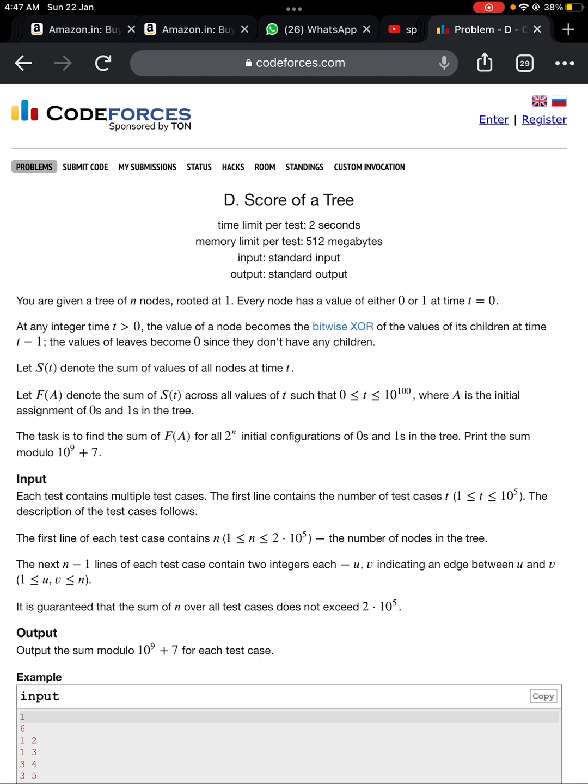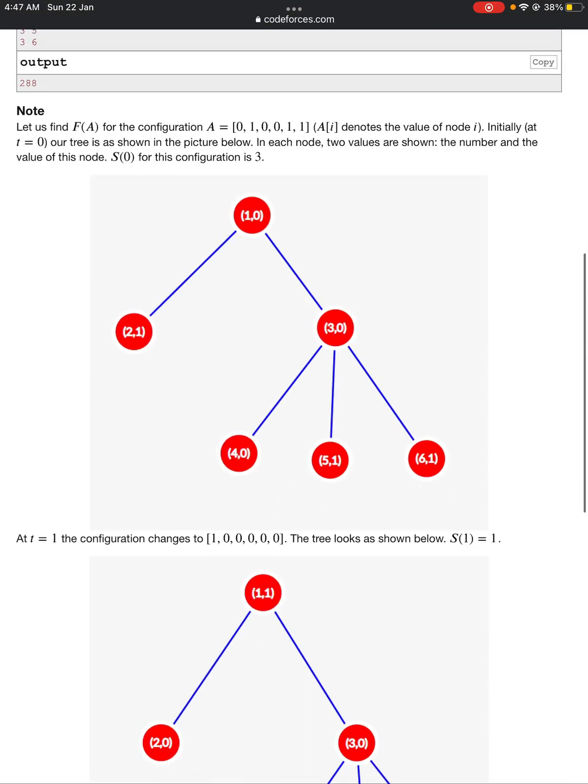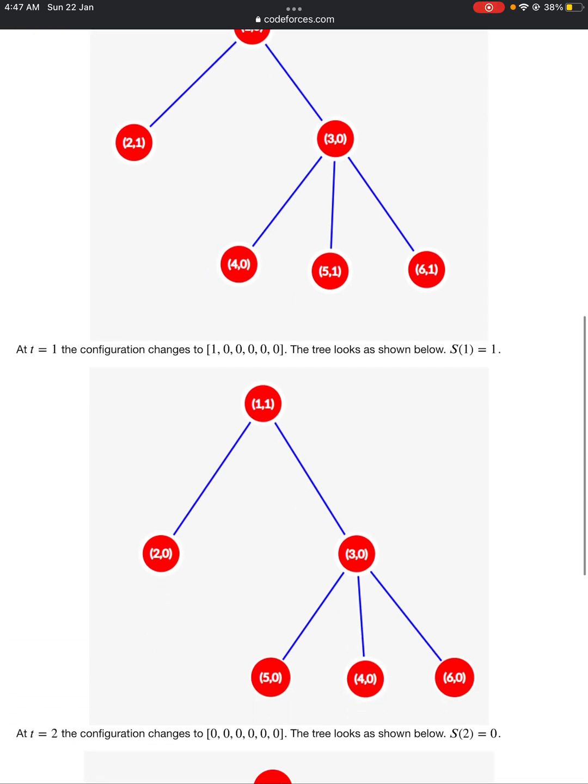Eventually you will find that t is very large, but you do not need to go that large, as after some time the value of every node of this tree becomes 0. Why? Because as you can see, at t equal to 0, this is the initial configuration. At t equal to 1, all the leaf nodes become 0.